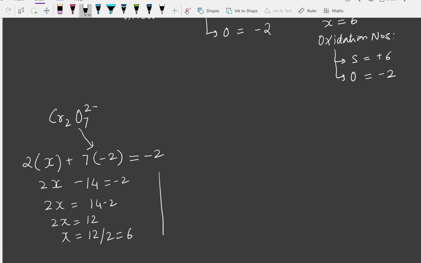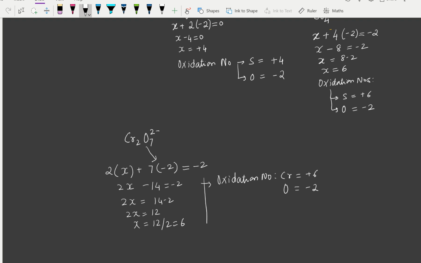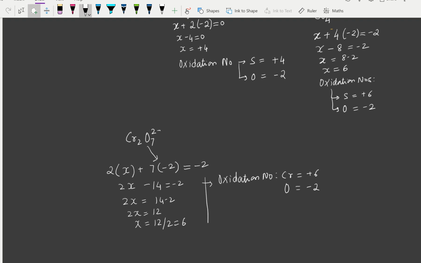So if I ask you what's the oxidation number of chromium, I just found it to be +6, and of oxygen I have already taken it to be -2. So here again I found out the oxidation numbers.